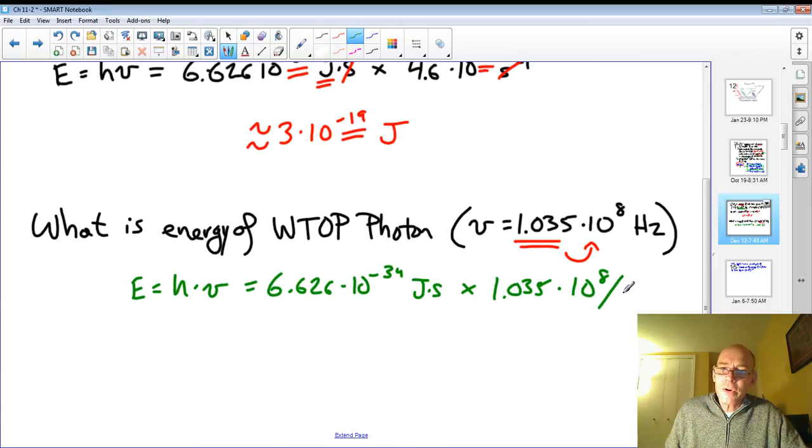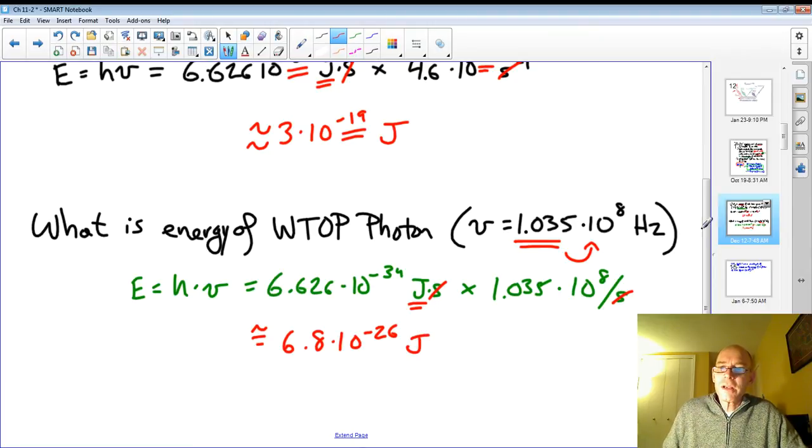I'm going to write it as per second this way so you can see better how the units cross out. And of course, numerator, denominator, we're left with a number of joules. The answer looks like it's going to be approximately 6.8 times 10 to the negative 26 joules, very roughly.